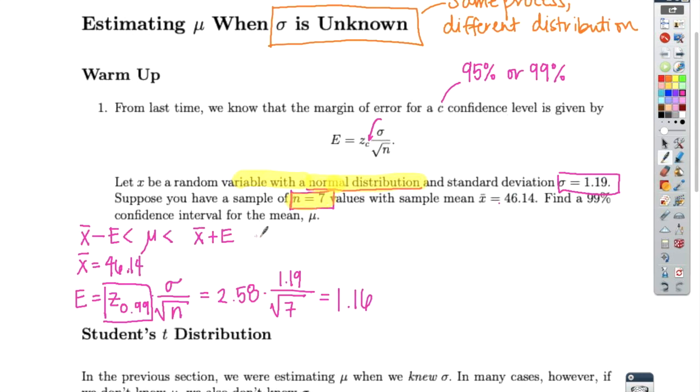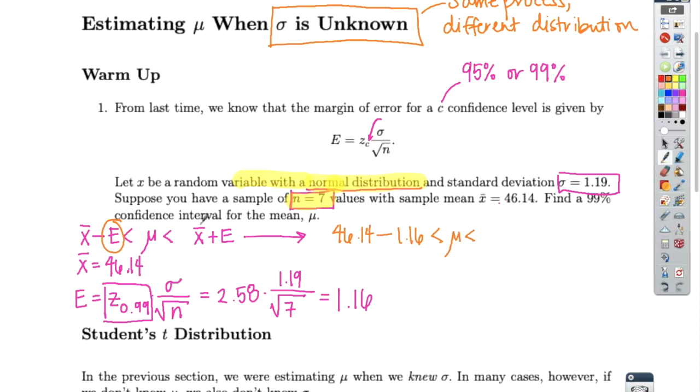So I'm going to plug that into this formula. Everywhere I see x bar, I'm going to put 46.14 minus my error, which I just found, 1.16, is less than mu. Now I do not plug in anything for mu. Mu stays mu. Mu is the population mean.